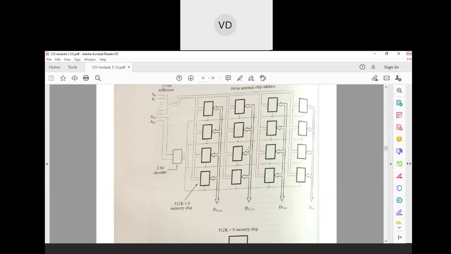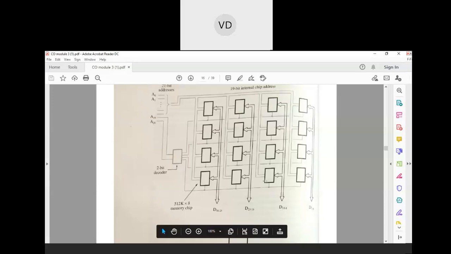Here, 21 bits of address are taken. Among those, 19 bits are used for the row address, and the remaining bits are used for selecting which column we are going to use. Each column provides 8 bits of data: D0 to D7, 8 to 15, 16 to 23, 24 to 31.